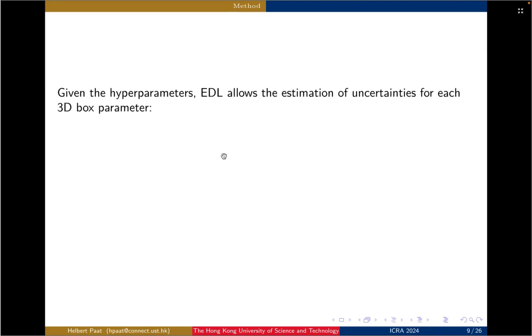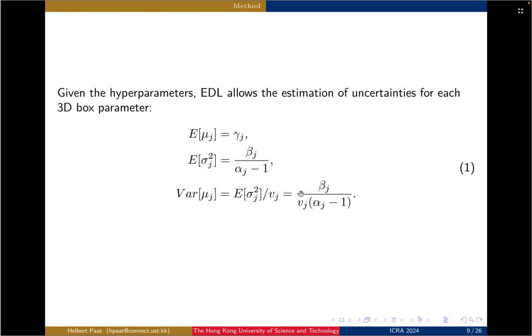Given the hyperparameters, we could estimate the uncertainties for each of the 3D box parameters by using the following formulas. The expectation of the mean is just the prediction for that 3D box parameter. The aleatoric uncertainty can be computed as follows, and the epistemic uncertainty is the variance of the predicted Gaussian mean.